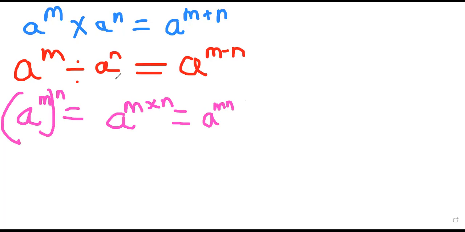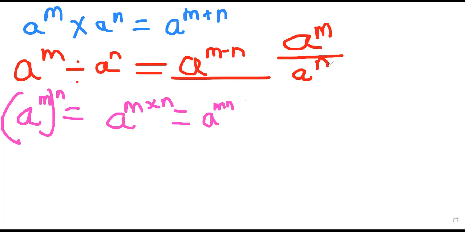One thing is that in this division, we got a to the power m minus n because we can make it in fraction form also, a to the power m by a to the power n. When we subtract these two exponents, we get a to the power m minus n.